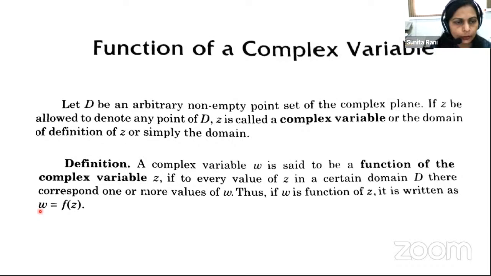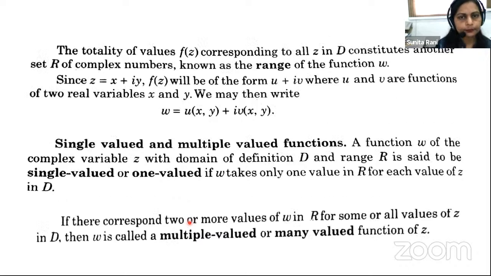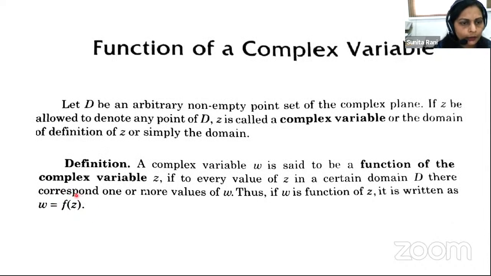Then we can say that the complex variable w is a function of the complex variable z, and we denote it by w equals f(z). Here z is a complex variable in a domain D, and corresponding to every point z in D, we get a set of f(z). We say that set is the range of that function.